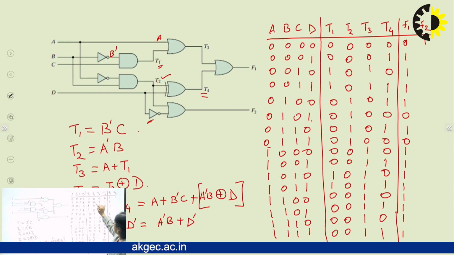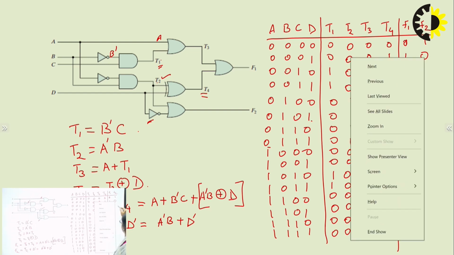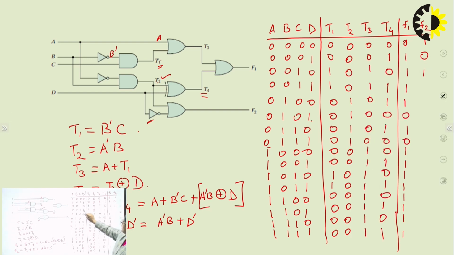D is 1, it's 0, 0, again 0, that's 1. Sorry, this will be 1. As T2 is 0, it will be 1. T2 is 0, D is 0, so it will be 1. For this case, it is 0 and here again 0, so we will have 0, 1, 1.